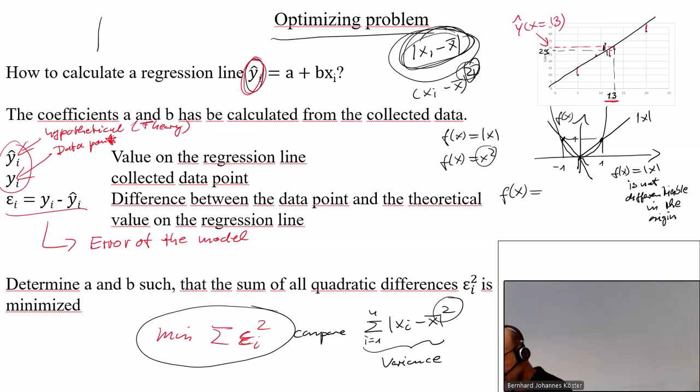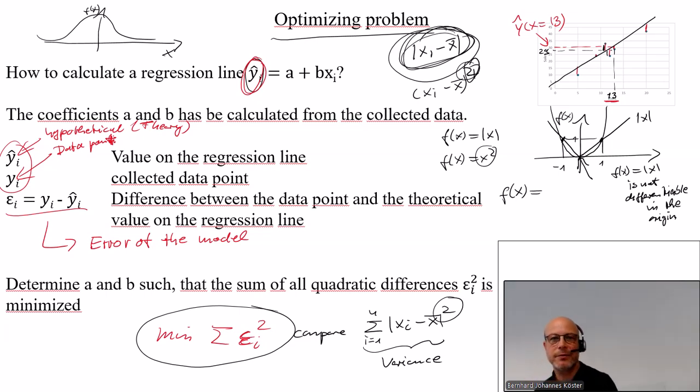Yes, this is the Gaussian curve. And how does this density function look like? How can I describe this graph?